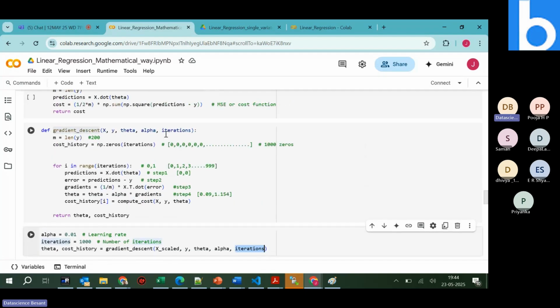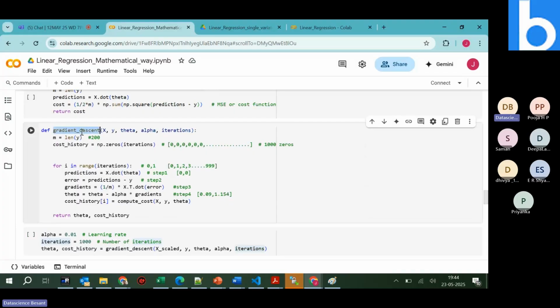So the function will be invoked. Same as in theory, m is equal to len of y, so the output will be 200. cost_history is equal to np.zeros of iterations. Depending upon the number of iterations, you create a list with that many zeros, so a list with 1000 zeros.